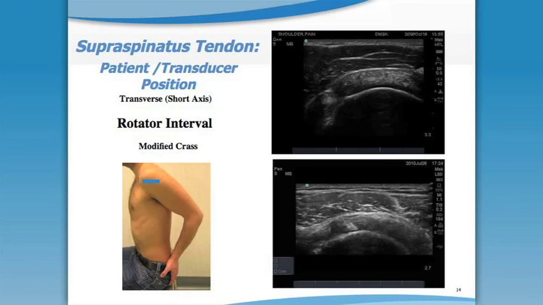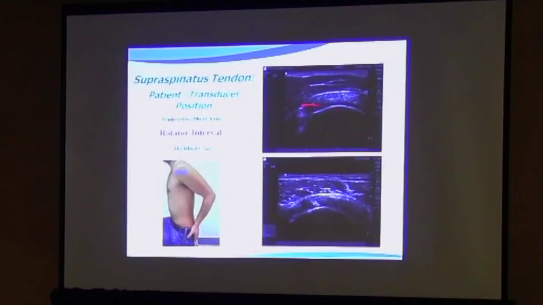To look at the rotator interval, either have the patient in what's called modified CRAS, just bringing their hand up to their side with their fingers pointed down and their thumb forward, or I like to just rest their arm down by their side, and I like to try to bring their biceps tendon up so that it's over on top, so that you can see the subscapularis on one side and the supraspinatus on the other, and you can recognize the sling of fibers from the superior glenohumeral ligament come over the top.